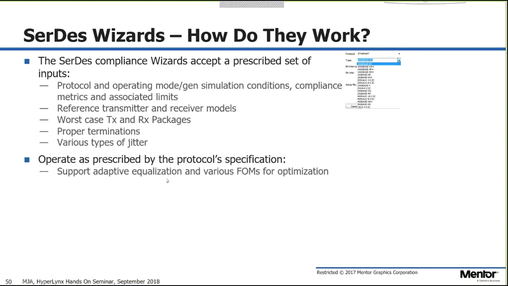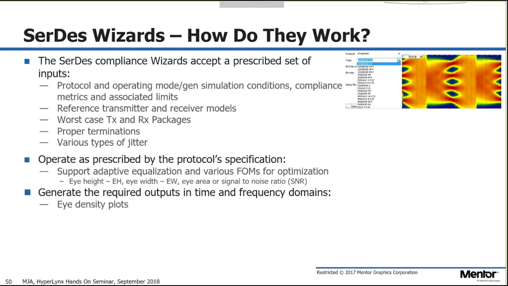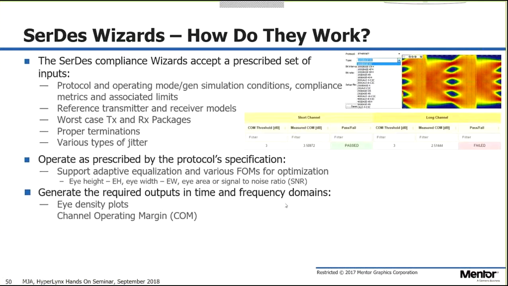It does support adaptive equalization. That's something we get asked now and then. So these interconnects can adapt their equalization values to work better, and we can support that. That's part of the protocols, to bring that into account and take the measurements off that. And then we're going to generate from that some plots so you can see graphically what's going on and how the measurements were made.